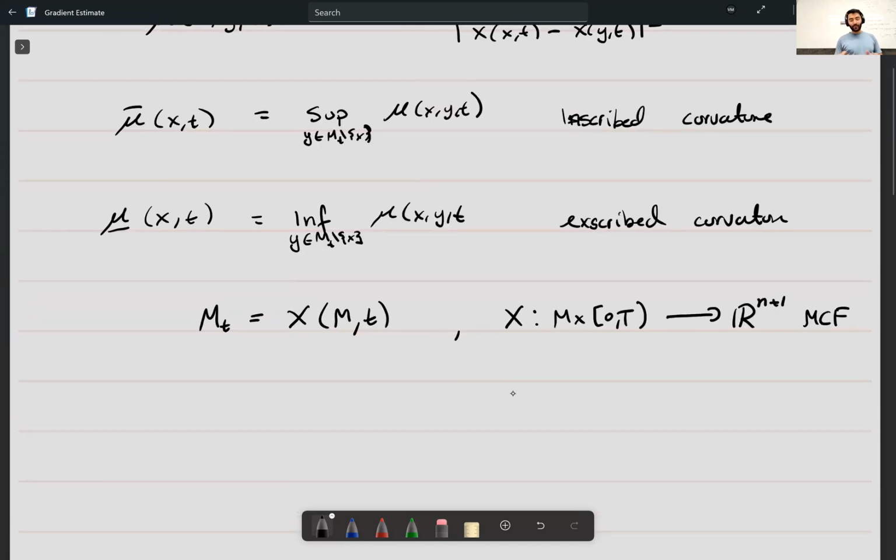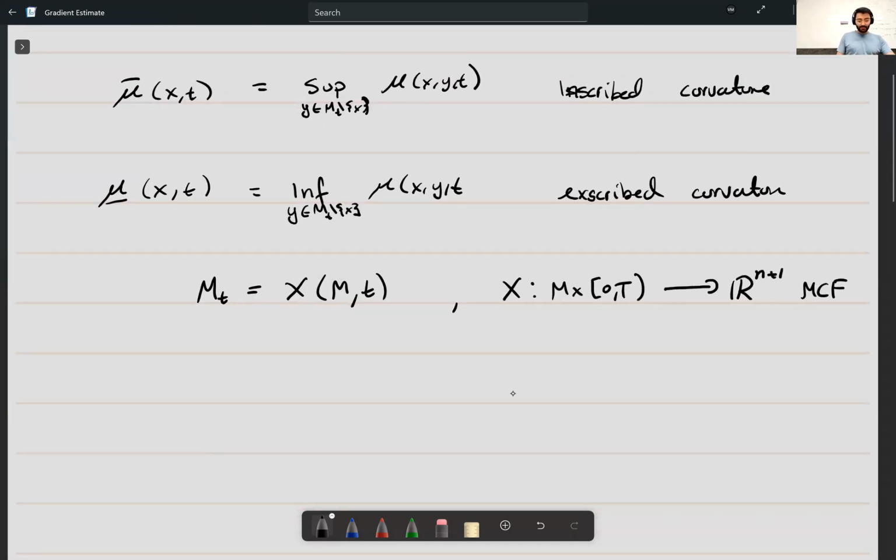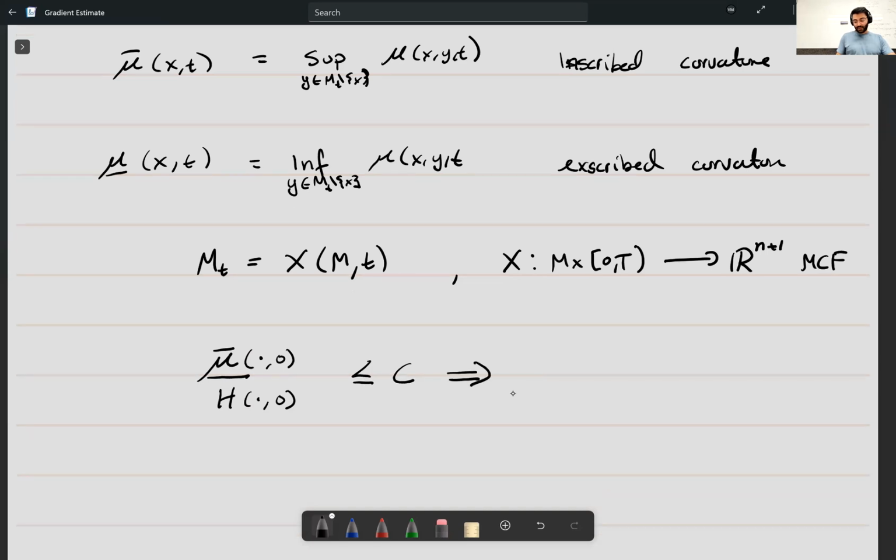So last time what we showed was that under mean curvature flow, if initially the inscribed curvature divided by H at the initial time is bounded by a constant, then the same quantity is bounded by the same constant at later times.